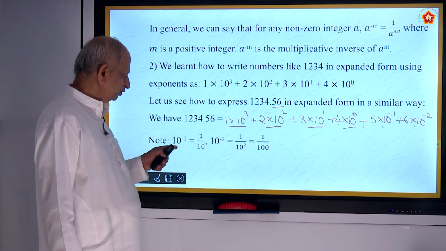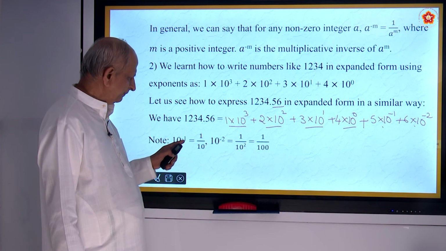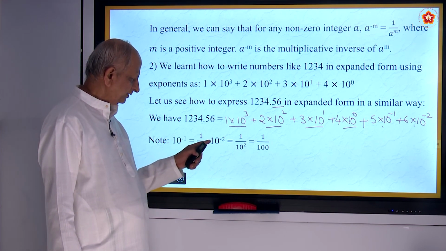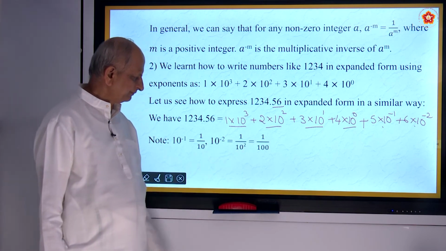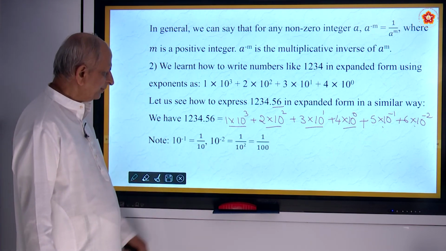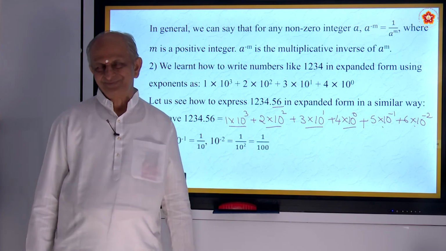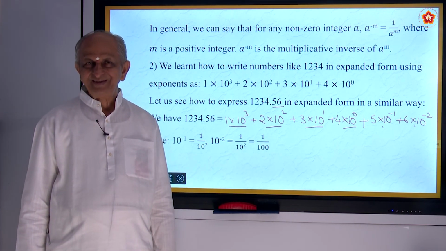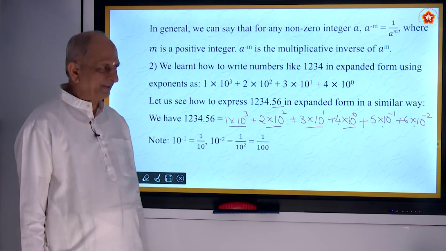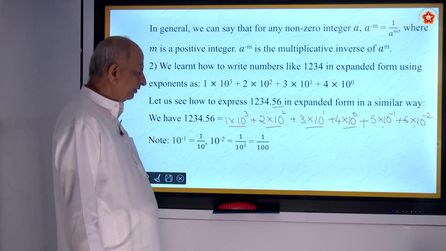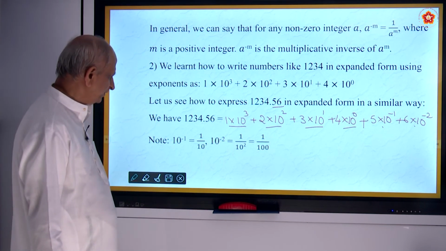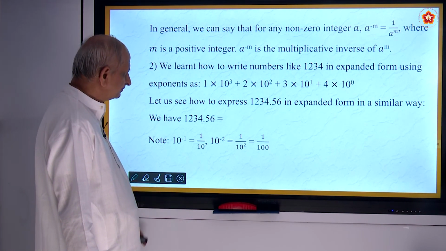So here you must note that 10 to the power of minus 1 means 1 by 10, 10 to the power of minus 2 means 1 by 10 square, that is 100, like that. What about 10 to the power of minus 3? 1 by 1000 or 1 by 10 cube, correct? So I think most of you understood this, correct?